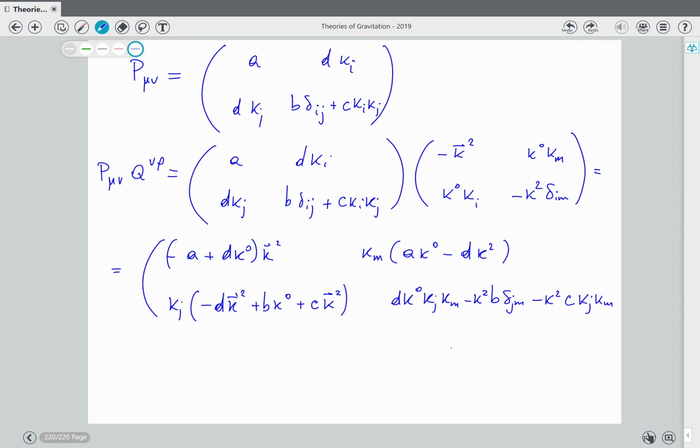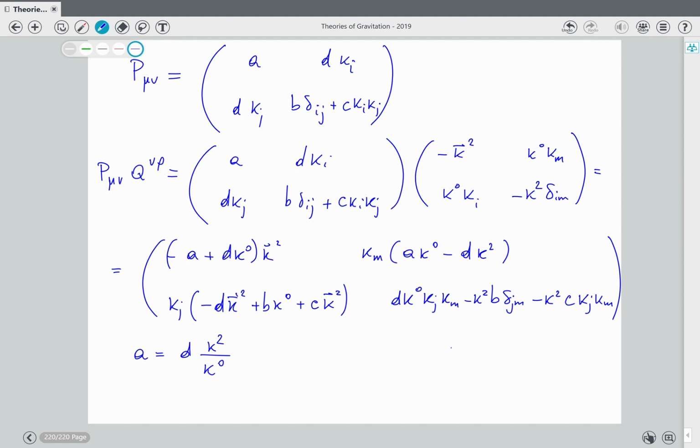Okay, this should be equal to 1. What does it mean? In particular, this thing should be 0. So, for example, d, or we could say a, should be equal to d k squared to k0, to make that vanish.